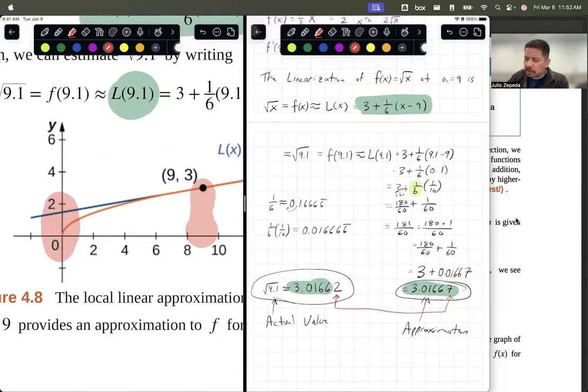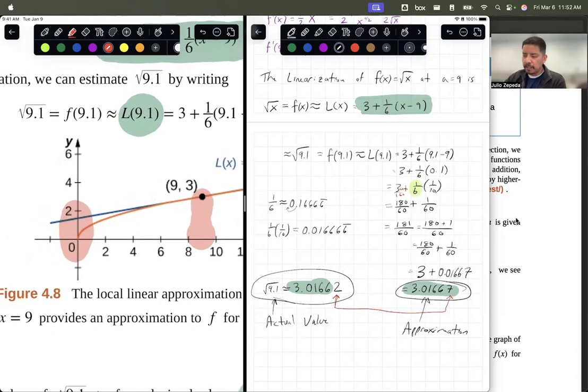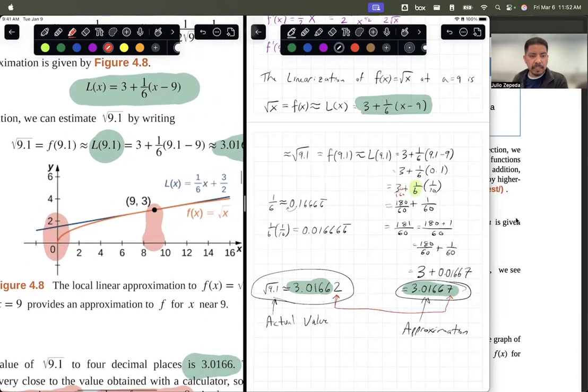So the two functions will be very close to each other near 9, but away from 9, you would have to compute a different tangent line. You could also compute the tangent line at x equals 0 or at x equals 1 or a different value if you wanted to approximate values near a value other than 9. So if we wanted to find the square root of 9.2, we could use this same linear approximation.